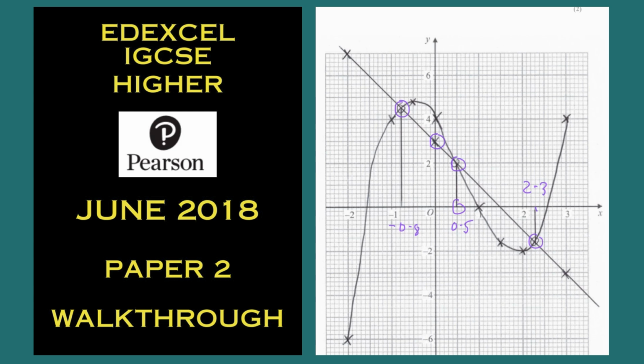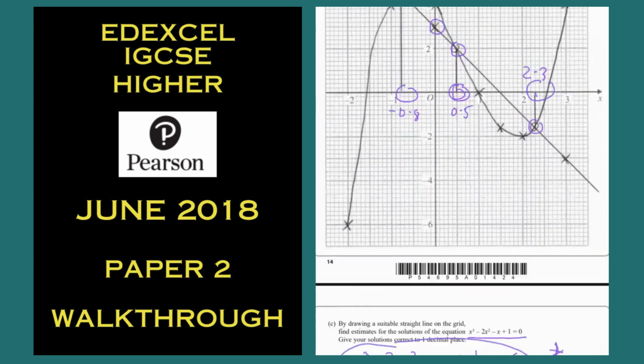The mark scheme allows for the lower answer anything between minus 0.9 and minus 0.7. For the middle solution, anything from 0.4 to 0.7. And for the upper solution, anything from 2.1 to 2.4, all inclusive. Hope that made sense.